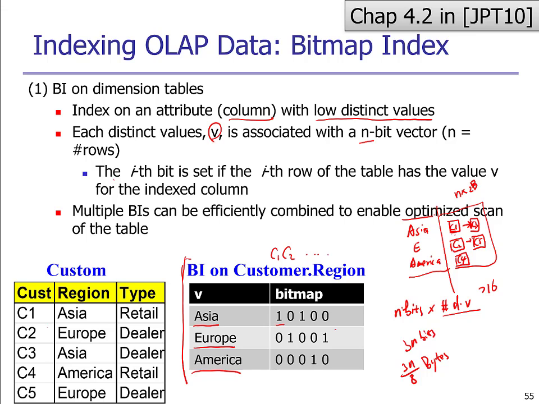In a hash table, you need to merge these 2 lists, but in a bitmap index, you simply do an OR on these 2 bit vectors, right? Then you will have this as the final answer of this query.